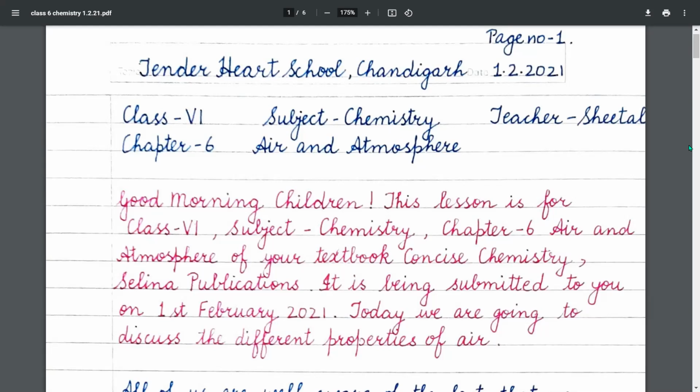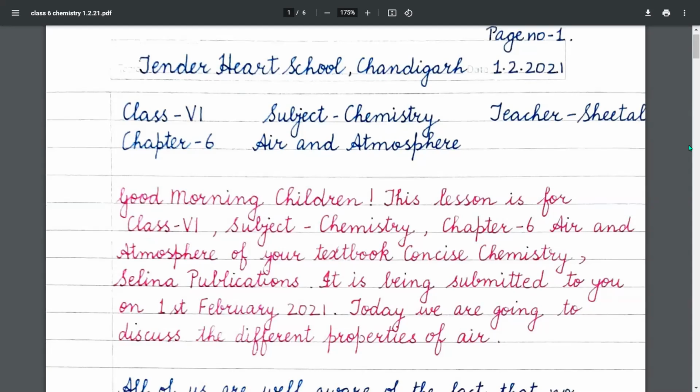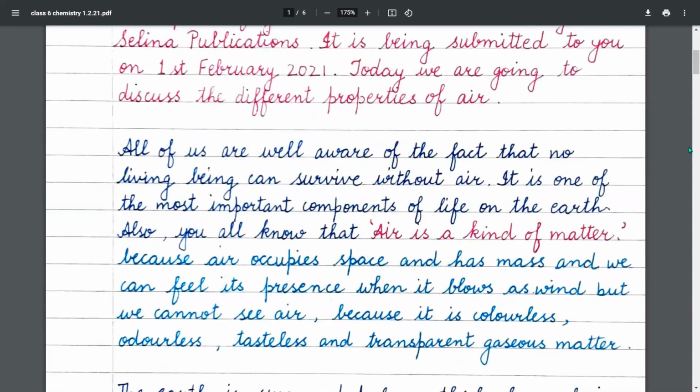Today, we are going to discuss the different properties of air. All of us are well aware of the fact that no living being can survive without air. It is one of the most important components of life on the earth.